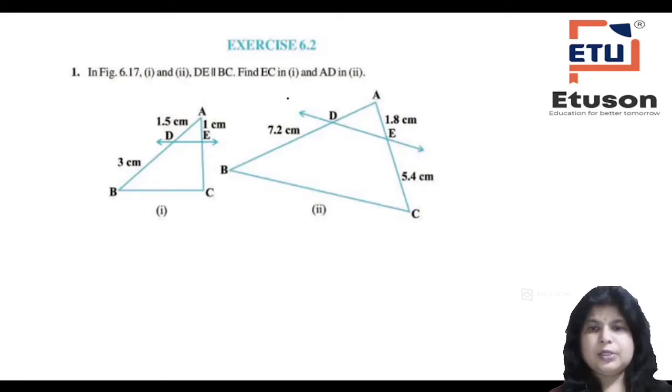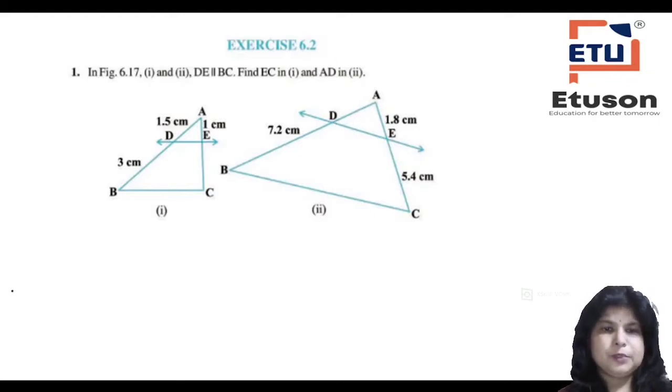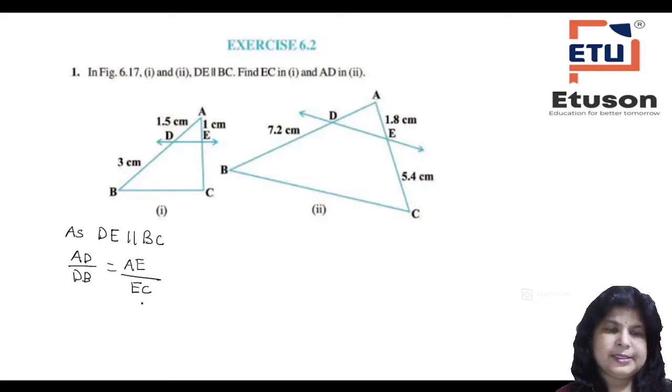Okay. So in the second bit, you need to find out what is the value of AD. So again, according to theorem 6.1, as DE is parallel to BC, your AD by DB will be equal to AE by EC.